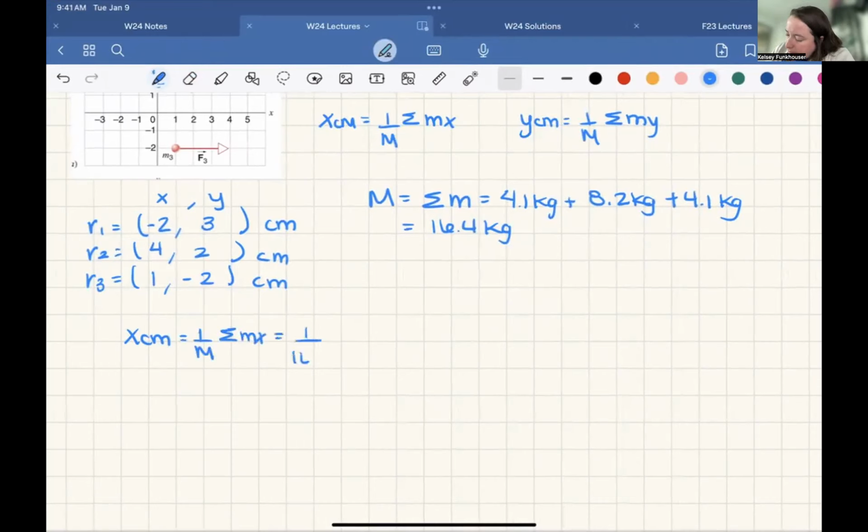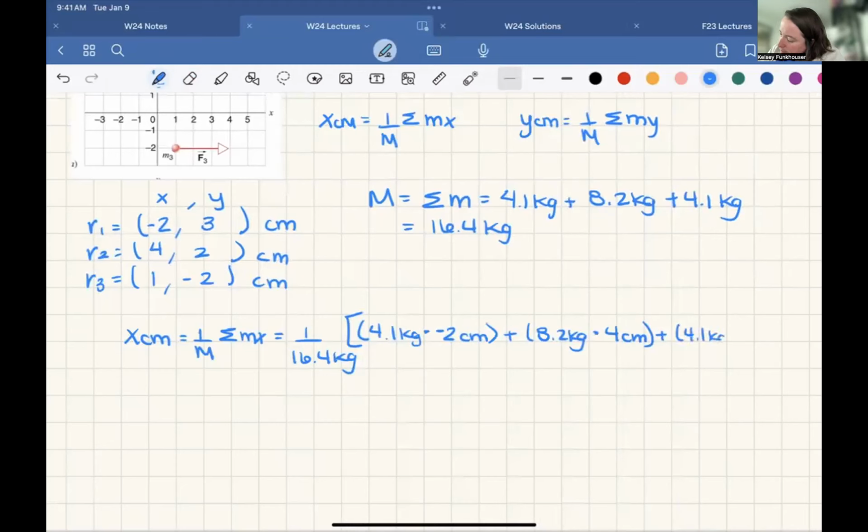So we have 1 over 16.4 kilograms, and then parentheses: 4.1 kilograms times negative 2 centimeters plus 8.2 kilograms times 4 centimeters plus 4.1 kilograms times 1 centimeter.